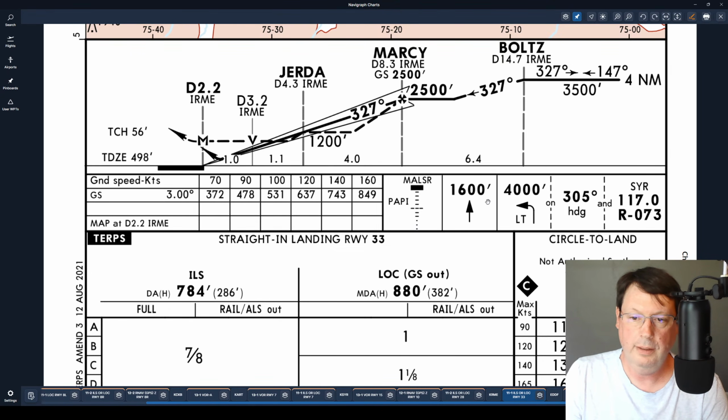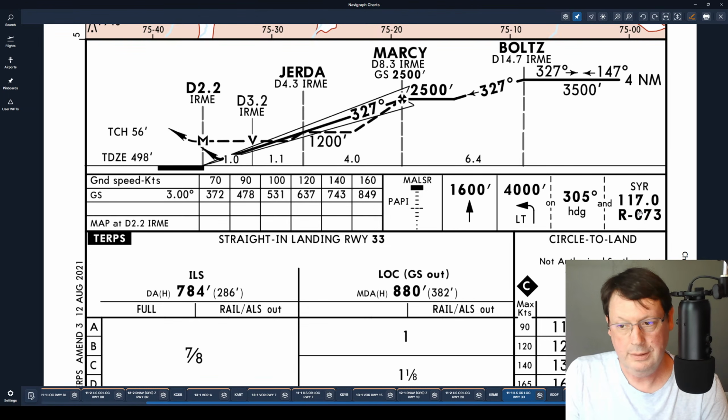And then once again, it's going to give us the missed approach information here just to the right of that. Straight ahead to 1600, left turn to 4000 on a 305-degree heading, Syracuse radial 073, right? So if you went missed, you would presumably have the 117.0 in the backup frequency of your nav radio, or if you had a second nav radio, you could have it tuned there.